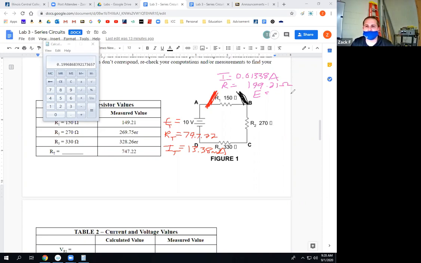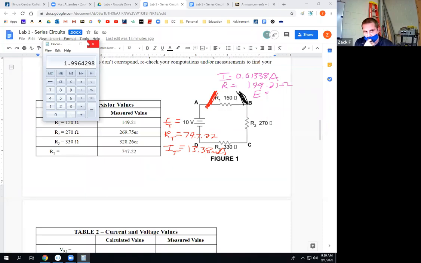All right, E equals I times R, 149.21 times 0.01338. Hey, look at that.